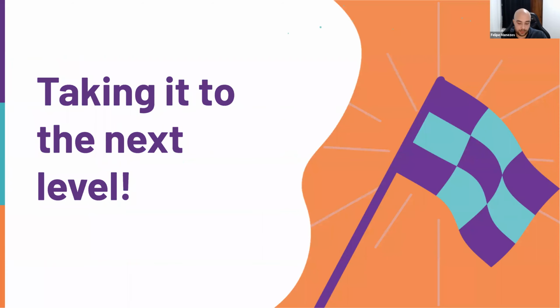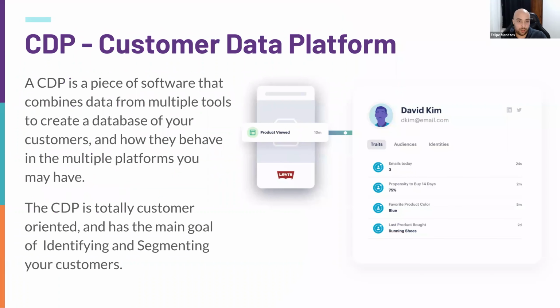But really, those tools, as I have mentioned, are not new. They have been around for quite a long time, and the market is always changing and improving. And there are some new strategies and technologies being applied today. So basically, what's happening today? It's a transition on the market around customer data platforms.